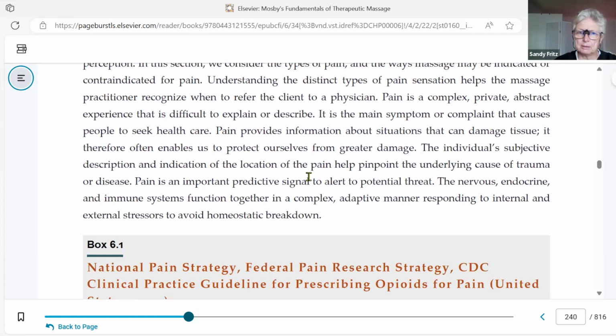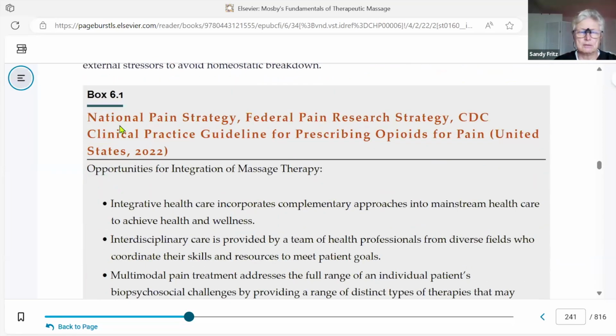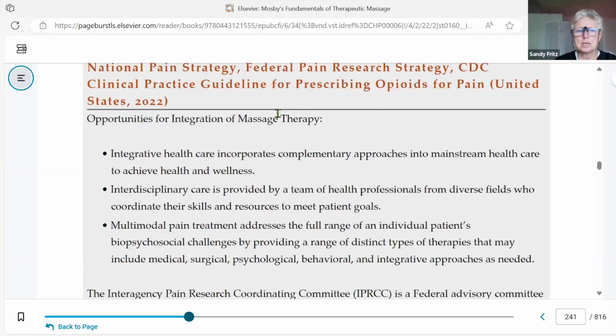That's chronic pain, and that's the one that's very difficult to manage and control. So this box is from the National Pain Strategy and its relationship to opiates, and massage is one of the recognized non-pharmaceutical approaches to care.